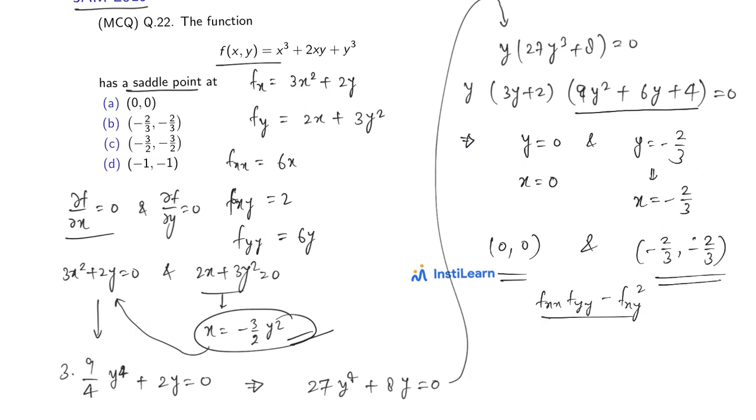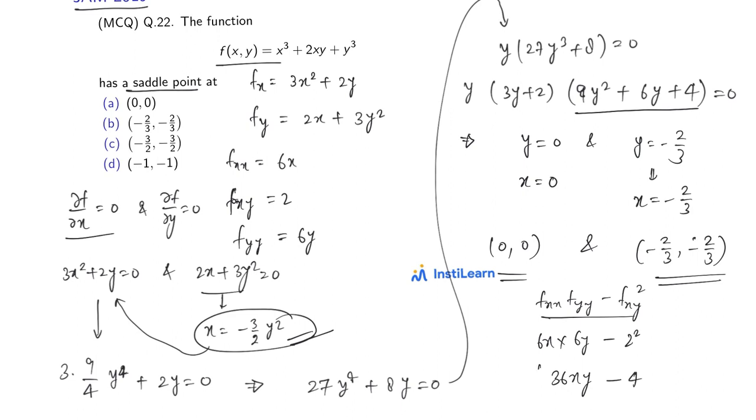So what is fxx fyy minus fxy square? It is 6x into 6y minus 2 square. So it is 36xy minus 4.